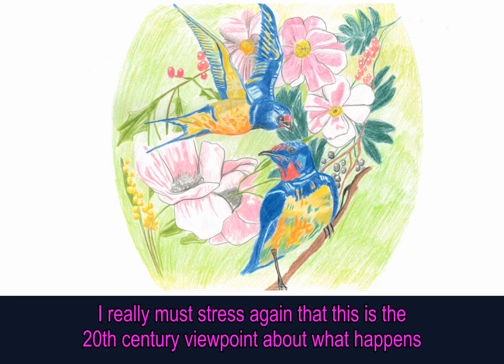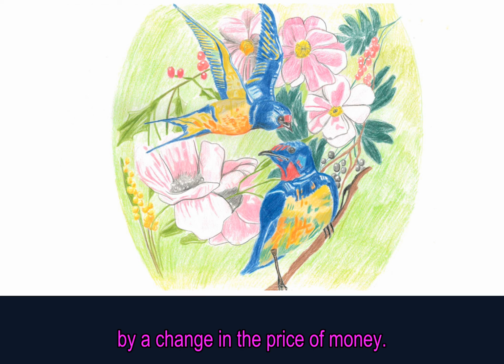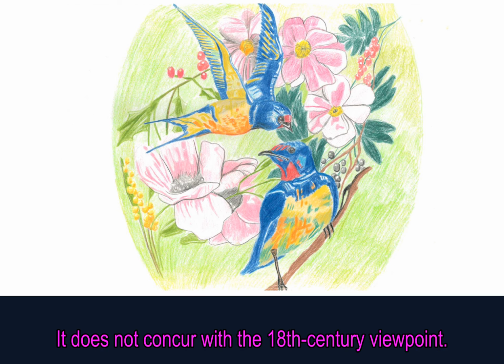I really must stress again that this is the 20th century viewpoint about what happens by a change in the price of money. It does not concur with the 18th century viewpoint.